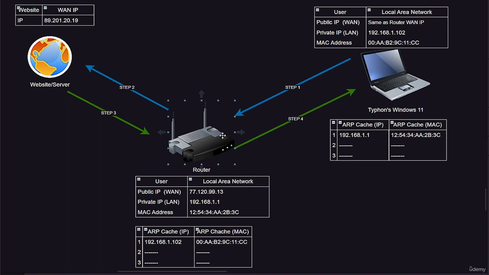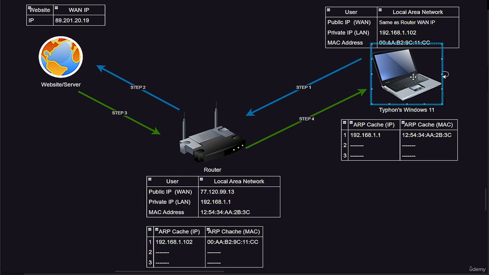Now let's consider a scenario. Let's say our Typhoon's device wants to communicate with an internet-based device. As we already know, it can't connect to the internet by itself, so it must go through the gateway, the router, first, and then the router connects onward. The corresponding IP and MAC addresses of the devices are shown here.